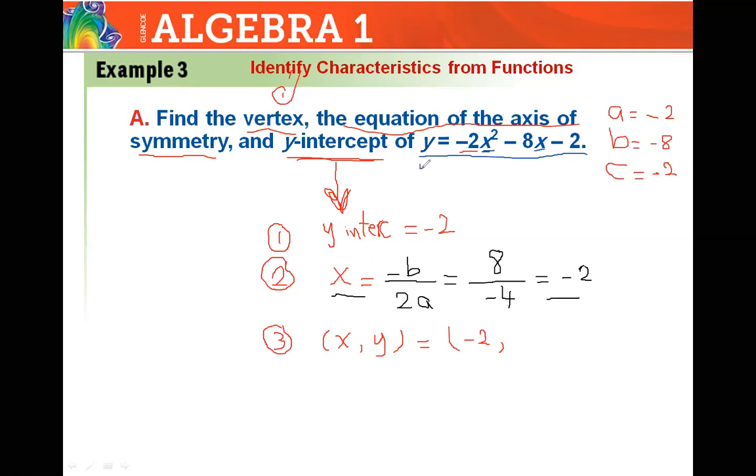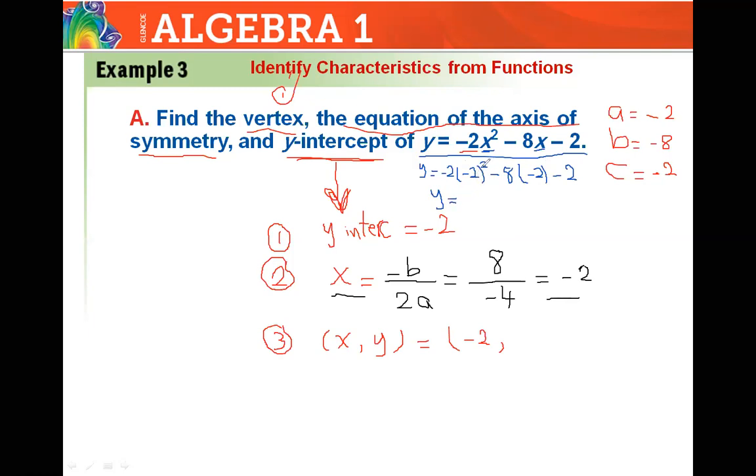So we have here y equals 2 multiplied by negative 2 power 2, minus 8 multiplied by negative 2, minus 2. After that, I'll calculate to get the value of y.